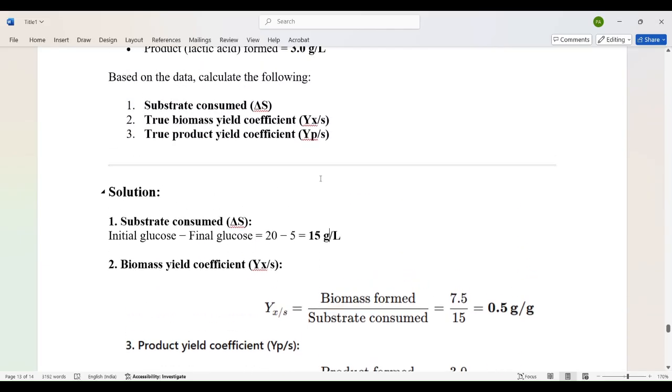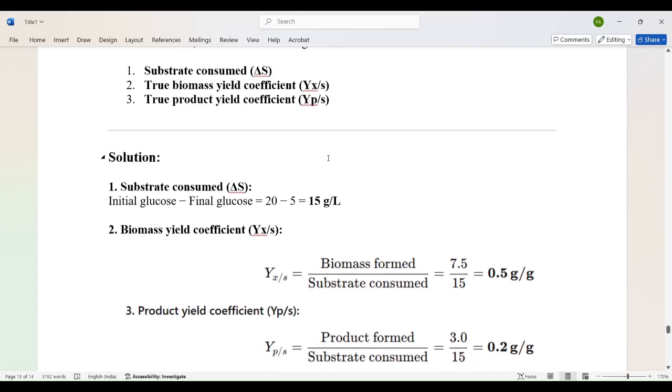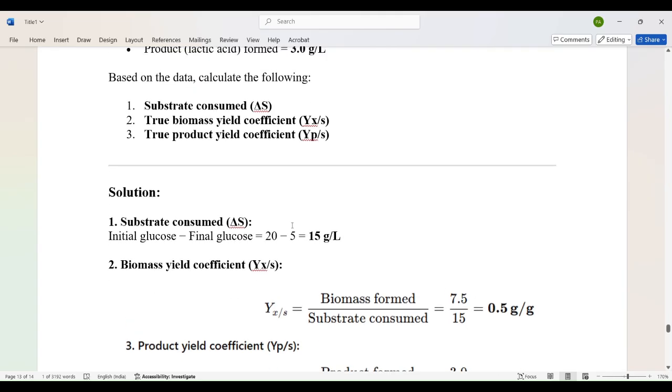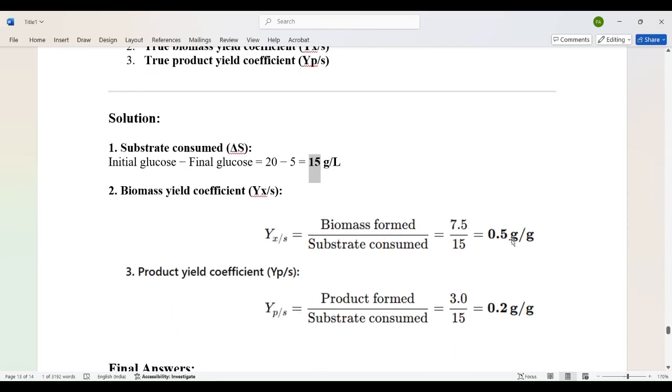Now biomass formed is 7.5. So the numerator will be 7.5 and substrate consumed is 15. So 7.5 divided by 15 is 0.5 grams of biomass. 0.5 grams of biomass is formed, my dear students, per gram of substrate consumed.